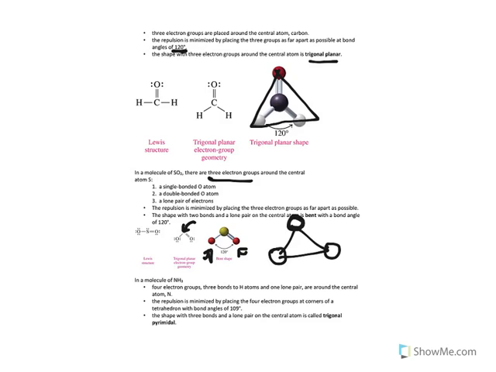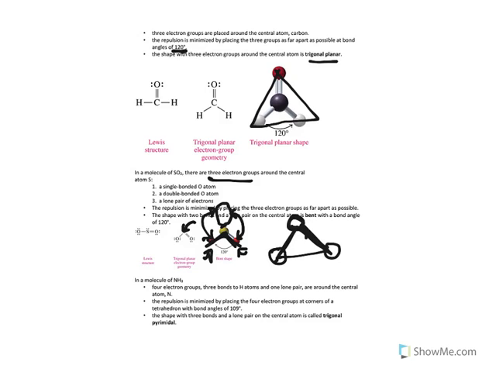So again, this is trigonal planar. However, the shape of the molecule, not taking into account those lone pair of electrons, is bent with an angle of 120 degrees. If you imagine those lone pair of electrons as being up here, you also have 120 degrees between this atom and the lone pairs, and 120 degrees between this atom and the lone pairs.